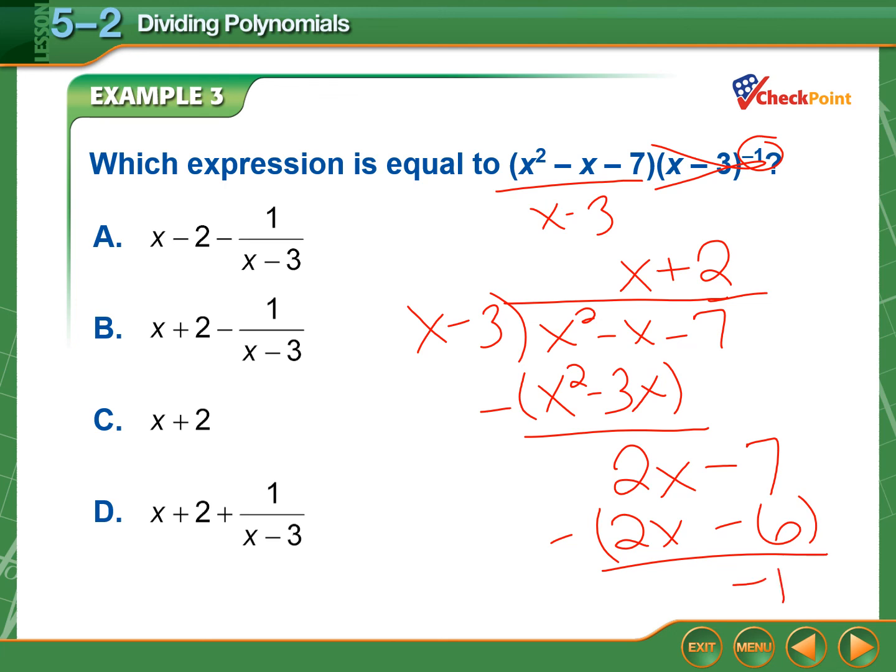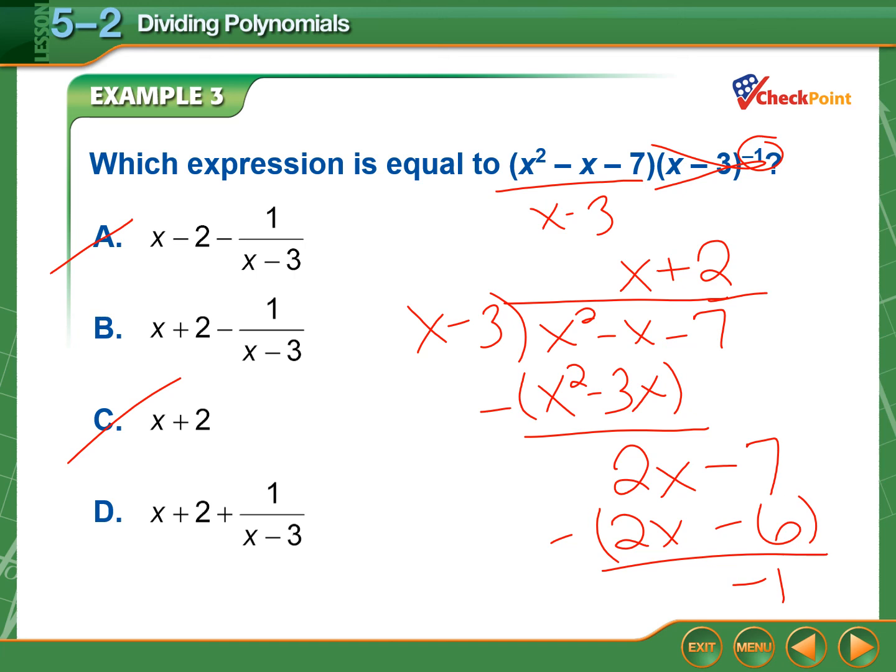Well, how would we write that? Before we start, let's go ahead and cancel out answers that don't make sense. We got a remainder, so we know that one is gone. Also, we got x plus 2, so we know that one is gone. Did we get a remainder of negative 1? We did.